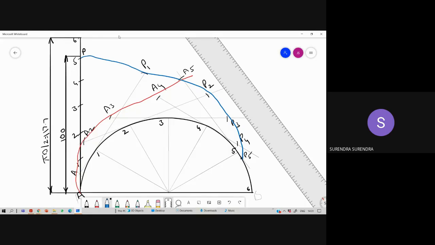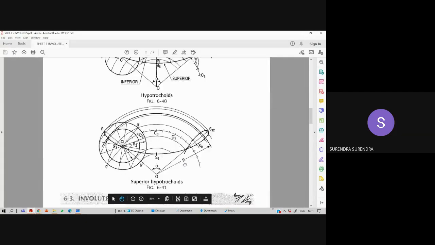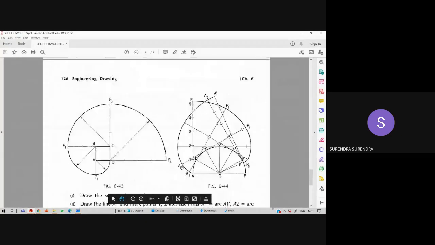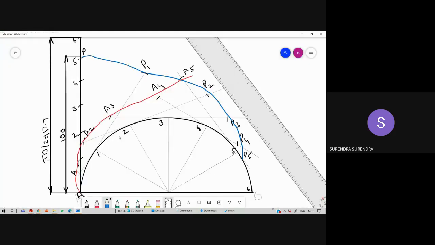Actually, as it is a freehand curve, it is not showing clearly. I will show it in the reference. The final curve will be like this. Starting from A, A1, A2, A3, A4, A5. Starting from P, P1, P2, P3, P4, P5. So after P5, just join it towards the semicircle. So you will be getting two curves, the involute of A and the involute of P.